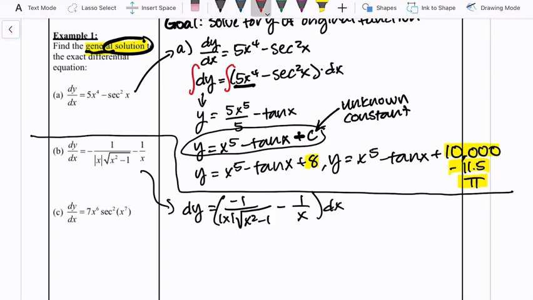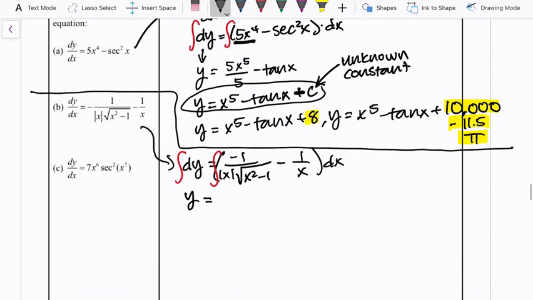Okay, so since we're trying to find the solution, we're going to integrate both sides. Okay, integral of dy is just going to be y. And now we need to find the antiderivative of each of these. Well, this thing over here is pretty crazy, so that tells me it's probably going to be some sort of inverse trig function.